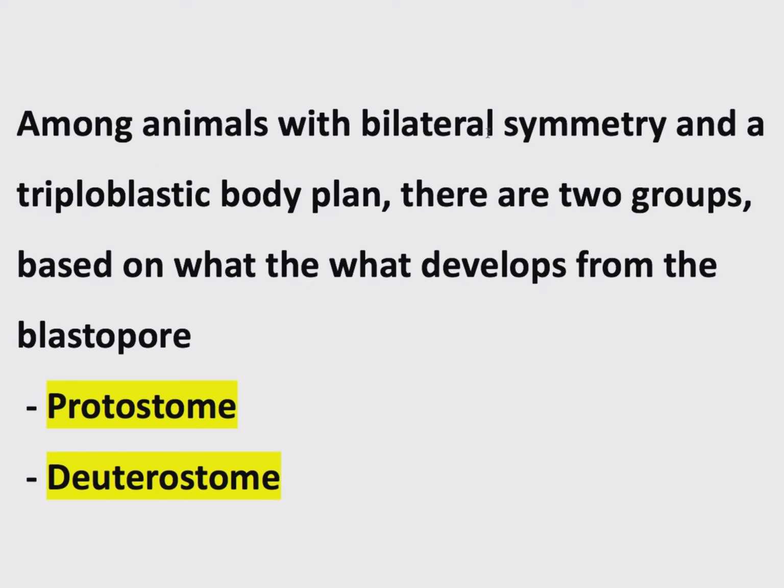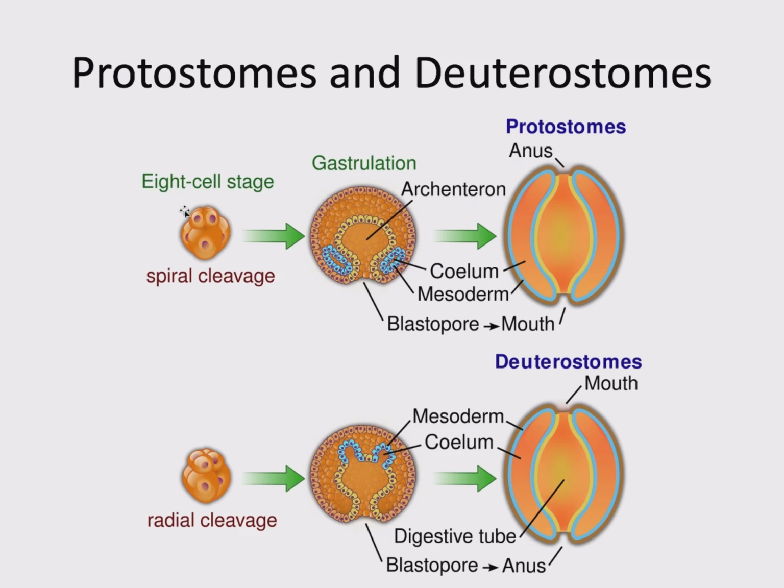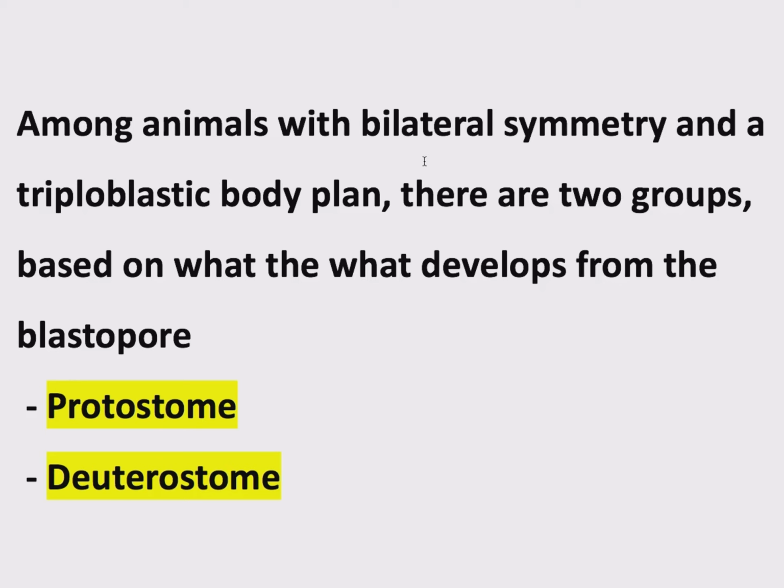Among animals with bilateral symmetry and a triploblastic body plan, this distinction of protostome or deuterostome only applies to bilaterally symmetrical animals and to animals with 3 cell layers. Anything else is sort of NA if you're trying to say whether it's protostome or deuterostome. There are two groups based on what develops from the blastopore, protostome or deuterostome, and these are in the key terms, but to put it simply, mouth first, then anus; anus first, and then mouth.